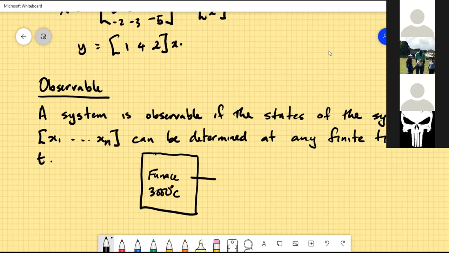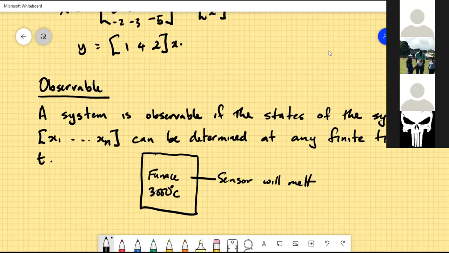Any sensor that you put inside here is going to melt. So you cannot determine the temperature.